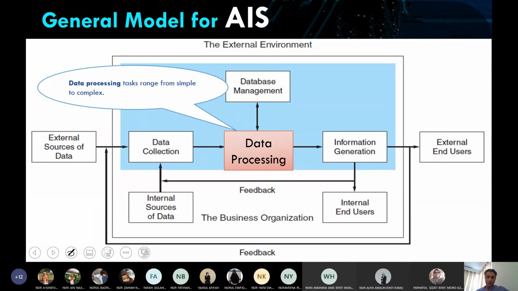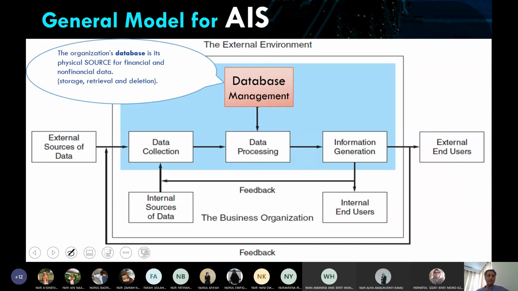The simple process is, let's say, to record the transactions to get the balance. But the very complex is to prepare the financial statements, to have certain indicators and conduct several comparative analyses, and so on. And then we have database management.